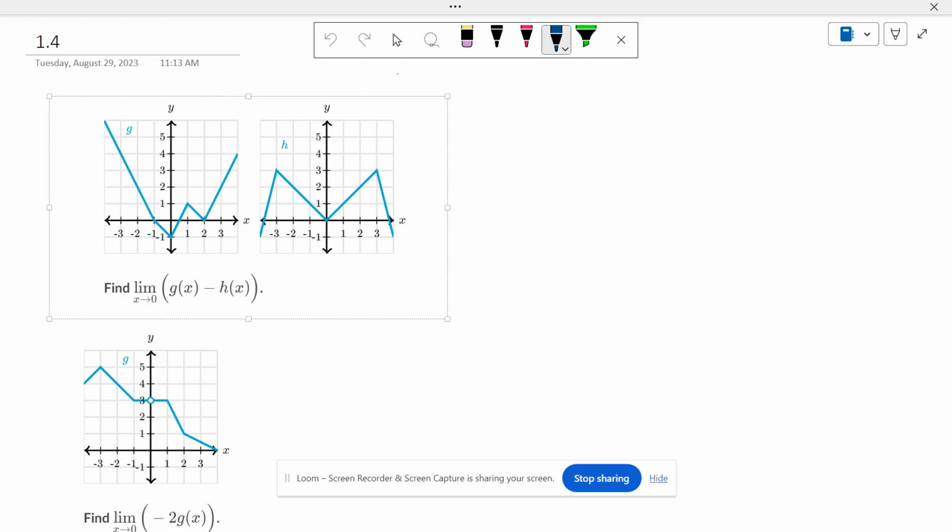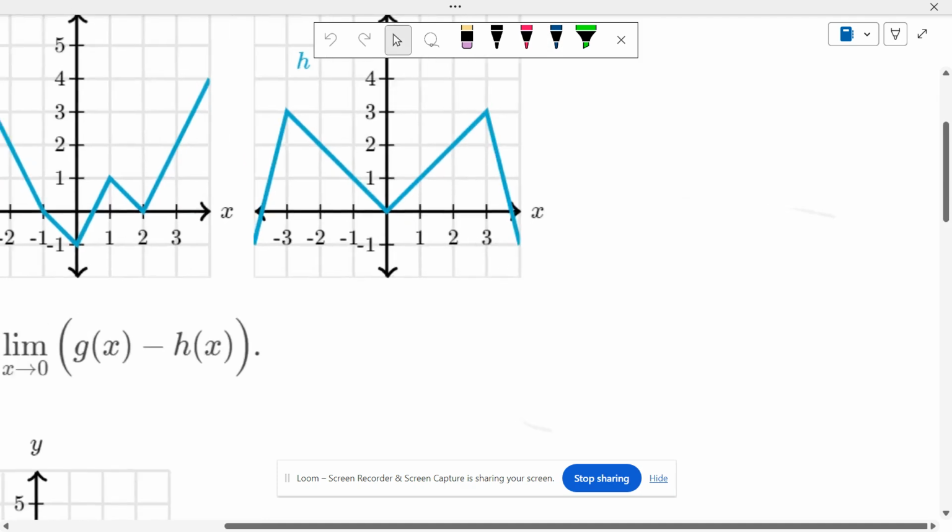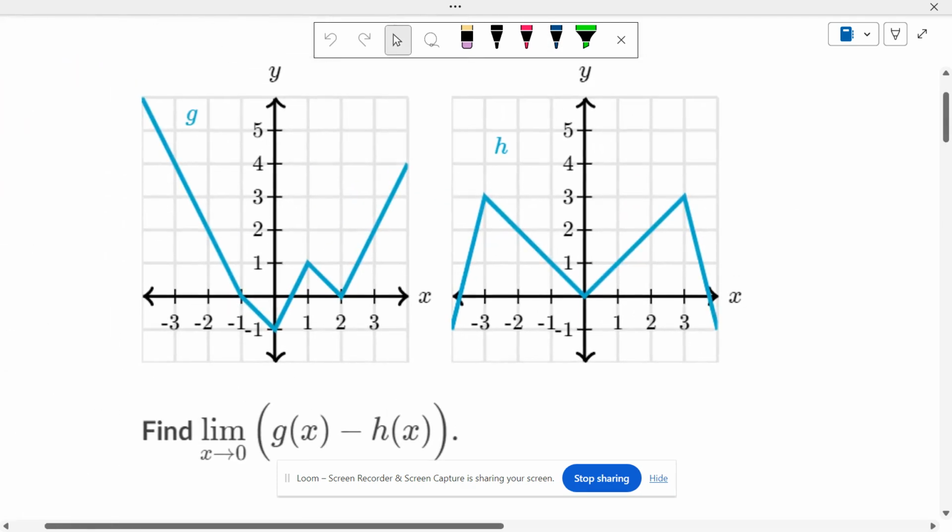Well, what's the limit of g of x here at 0? What do you think, Henry? What's the limit of g of x at 0? How about I go like that so you can see it? -1. What's h of x at 0, Christian?